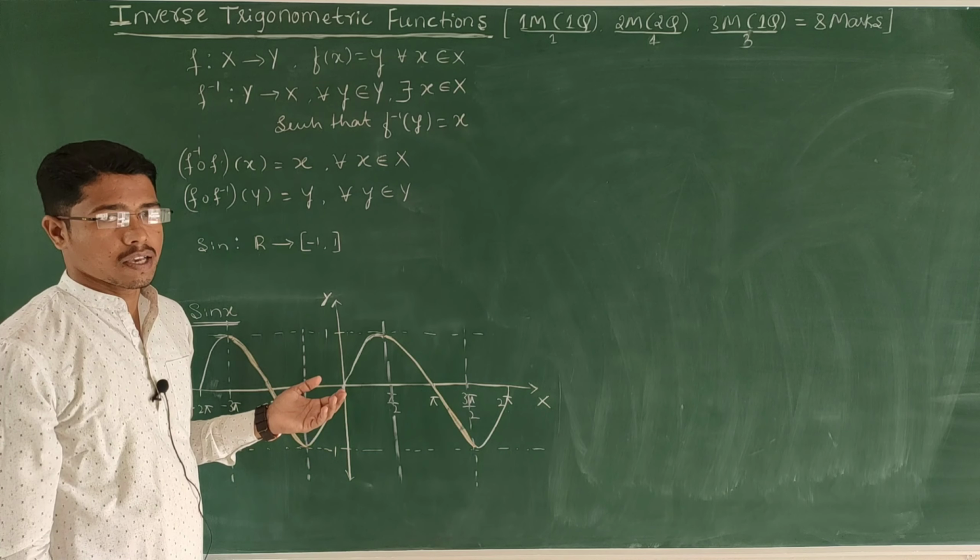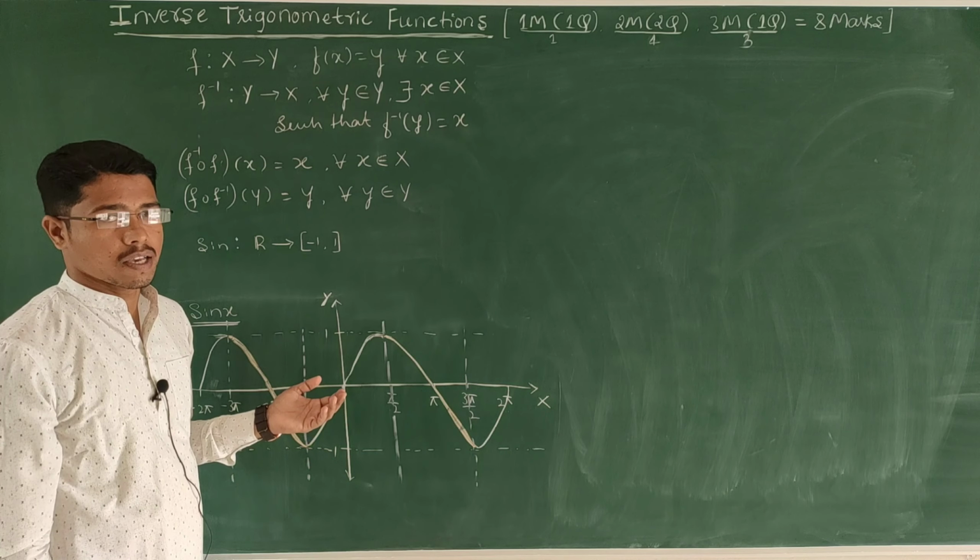Okay, now let us see the graph of the sine inverse function, how it is defined. The sine inverse function graph is just the inverse of the sine graph, obtained by interchanging its x-axis and y-axis. So now I will make this the y-axis and this the x-axis. I have taken the values 1 and minus 1 on the y-axis.